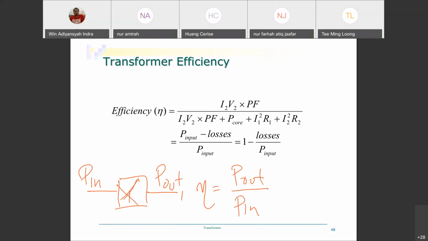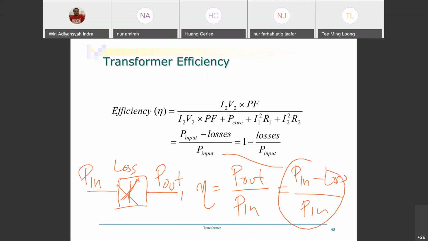In here, sometimes that's what we call loss. So P out equal to P in minus loss over P in, right? So this one is equal to this one.